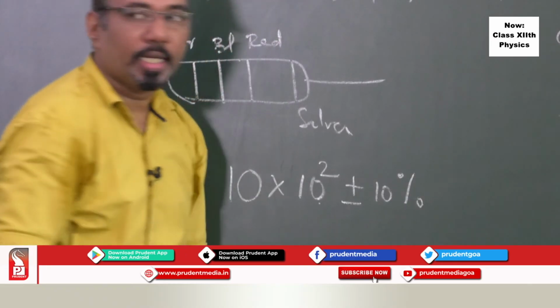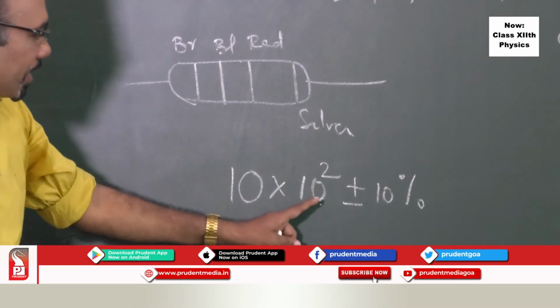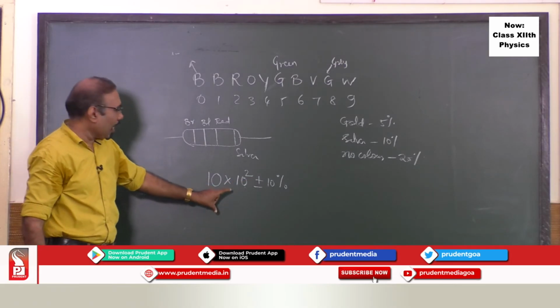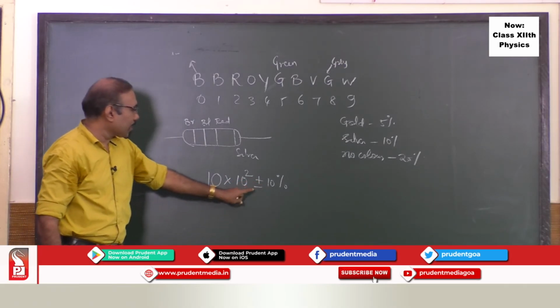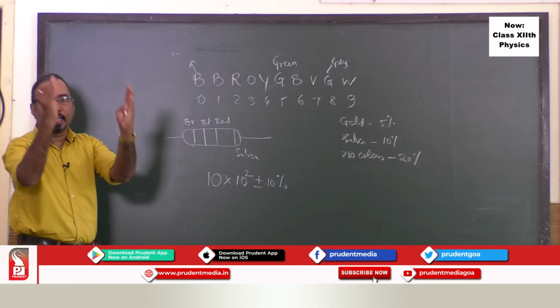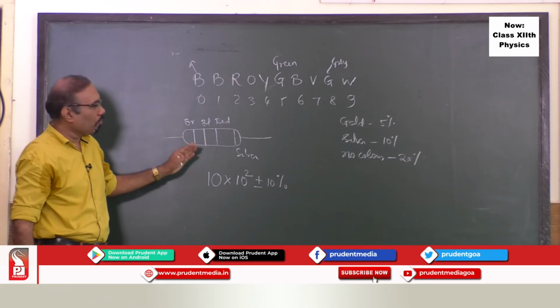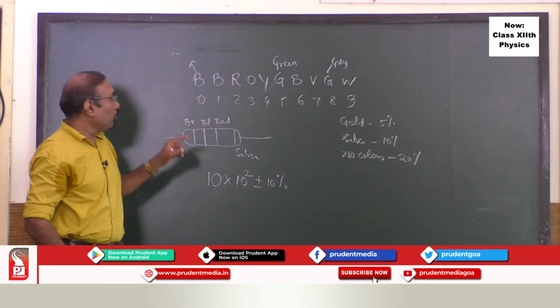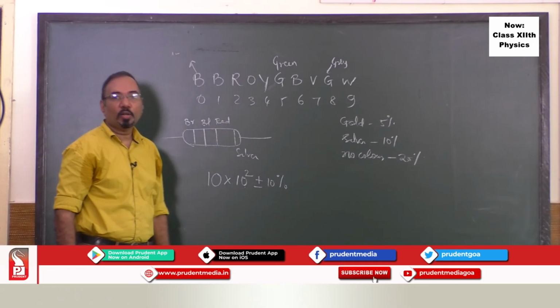We can find 10% of this value and add it to the value to get one figure; subtracting 10% gives another, and so we get the range of resistance. This is the way to calculate the value of the resistor, and you have to learn this code by heart.